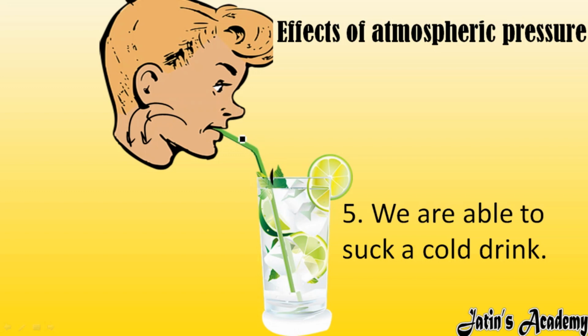Whatever air particles are present inside this straw also move to our mouth, and then to the lungs. So both in the mouth and in the straw, we have a region of low pressure. But in this cold drink or lime water, we have a region of high pressure, because the pressure here is more. As we know, liquid always moves from a region of higher pressure to a region of lower pressure. So the liquid starts moving from higher pressure to lower pressure, into our mouth, easily with the help of the straw.